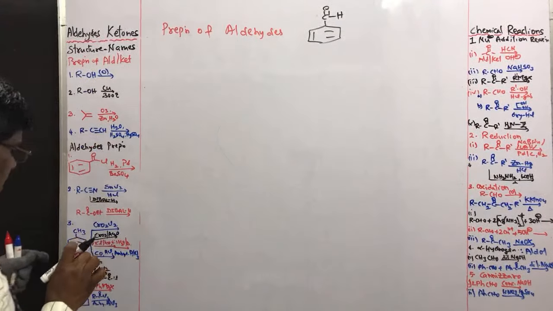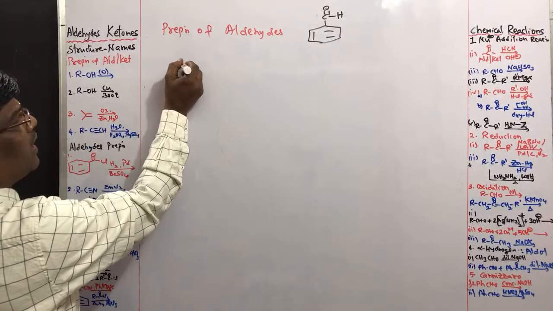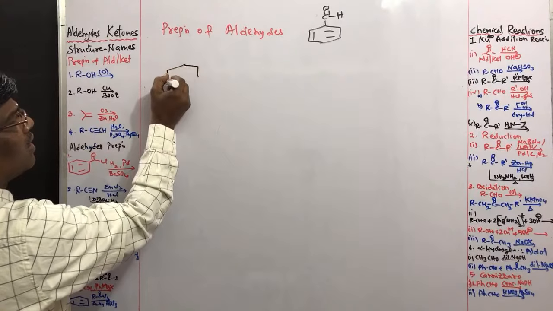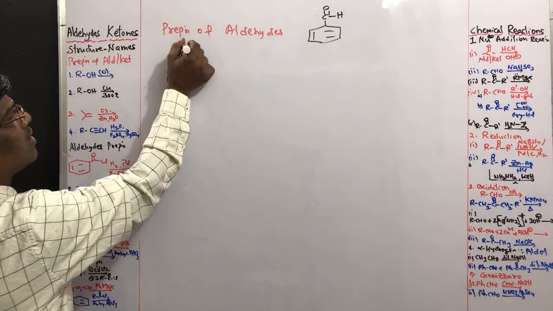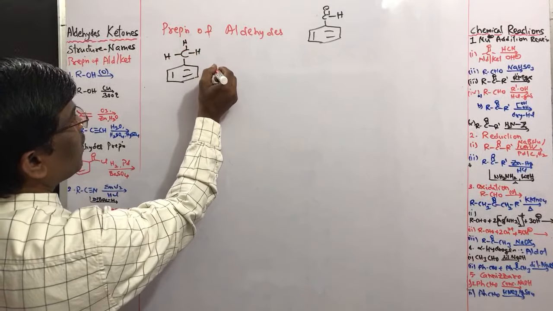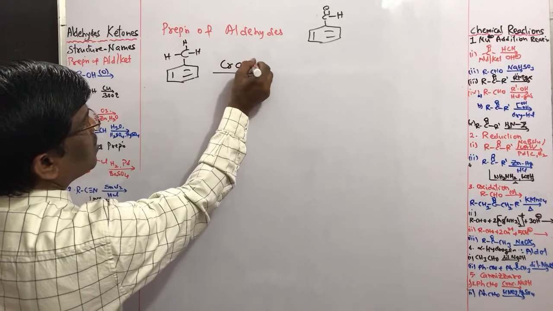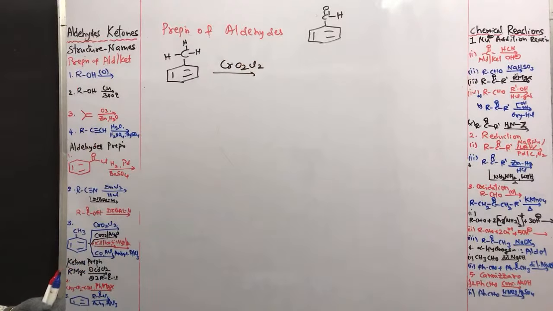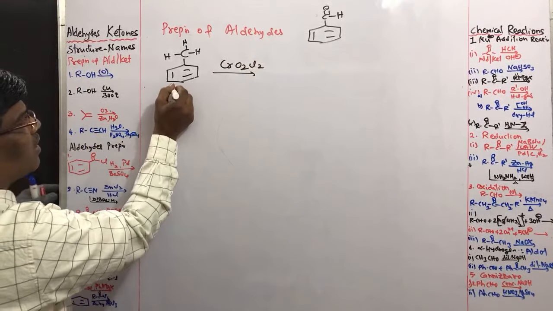Let me take one by one. When I take toluene, this is toluene, students, and treat it with chromyl chloride, CrO2Cl2, chromyl chloride. This name reaction is the Etard reaction.